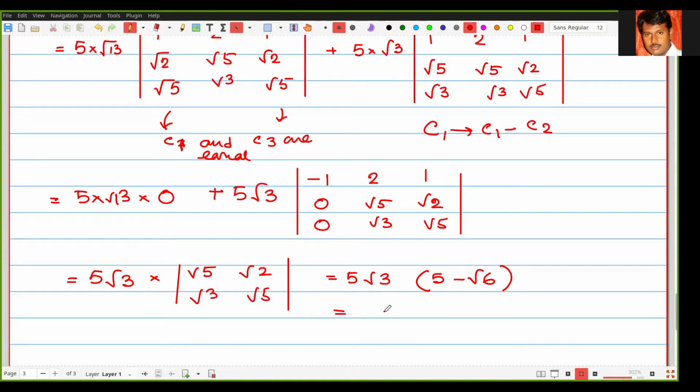So we can write it as 5 into root 3, now that one must be minus 1. So minus 1 is here as a multiplier. So we can write square root of 6 minus 5. That is our answer.